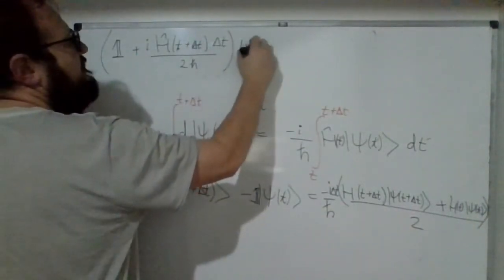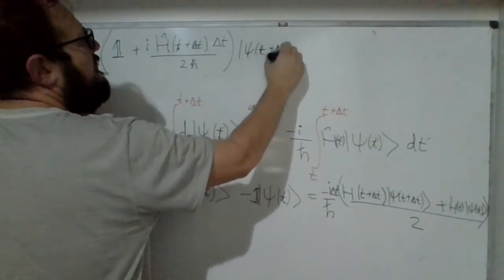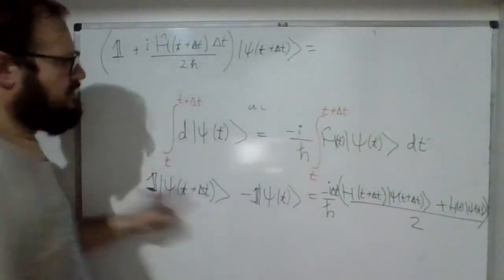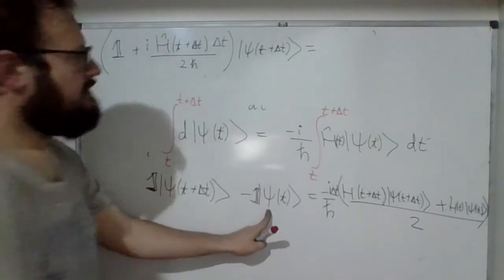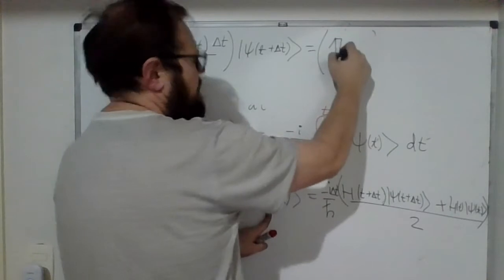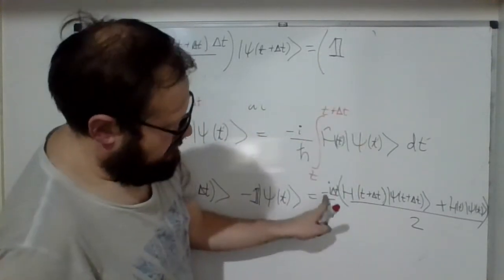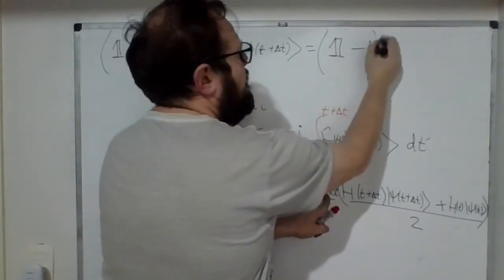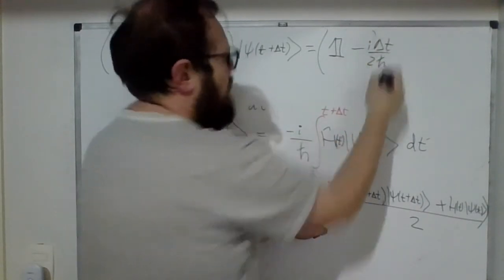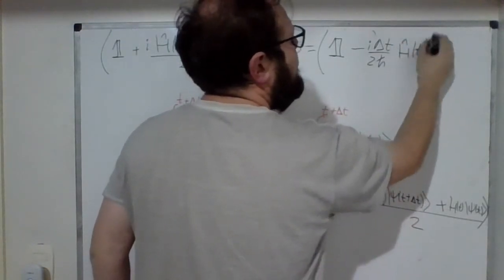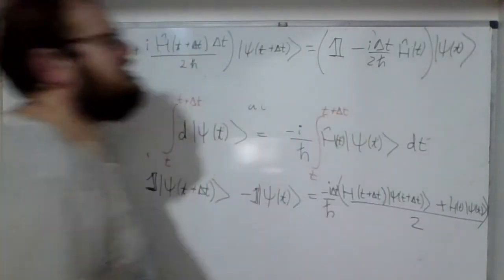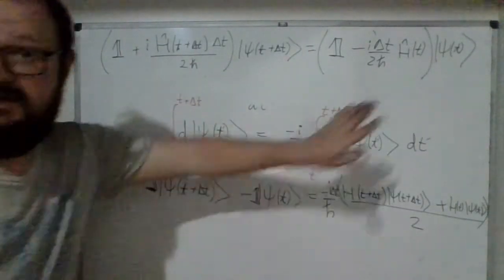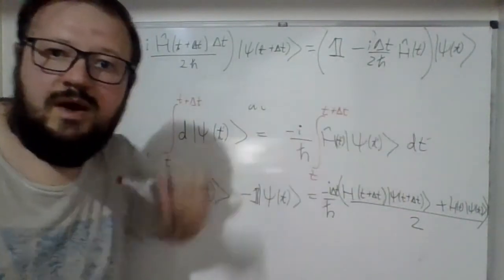And this multiplies the function evaluated at some later instant, which is equal to, when you bring that to the right hand side, this factor here, we will find out the identity here, and minus i delta t divided by twice the h bar, the Hamiltonian evaluated at time t, times the state at the initial time, or the time t, which supposedly we know what it is.